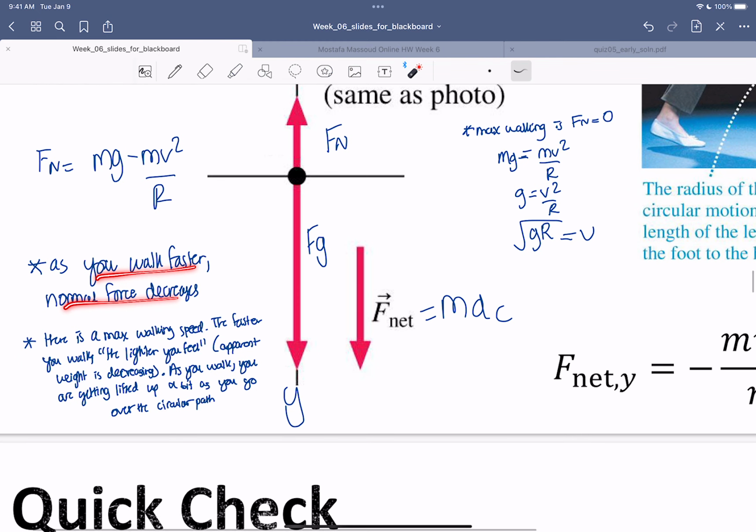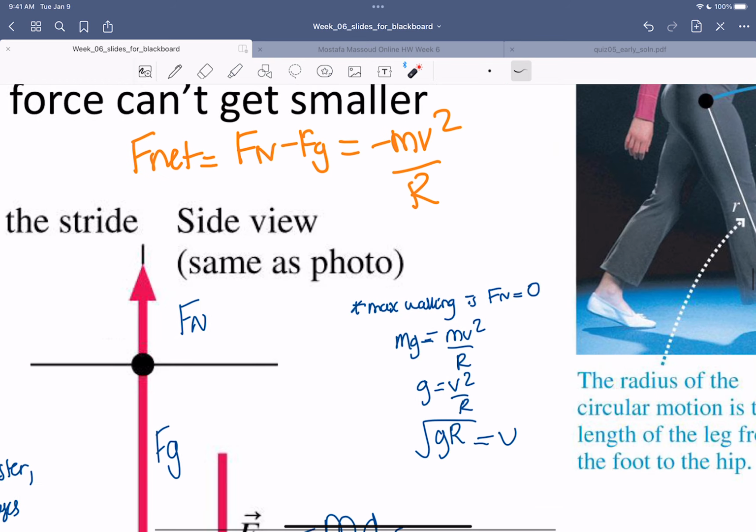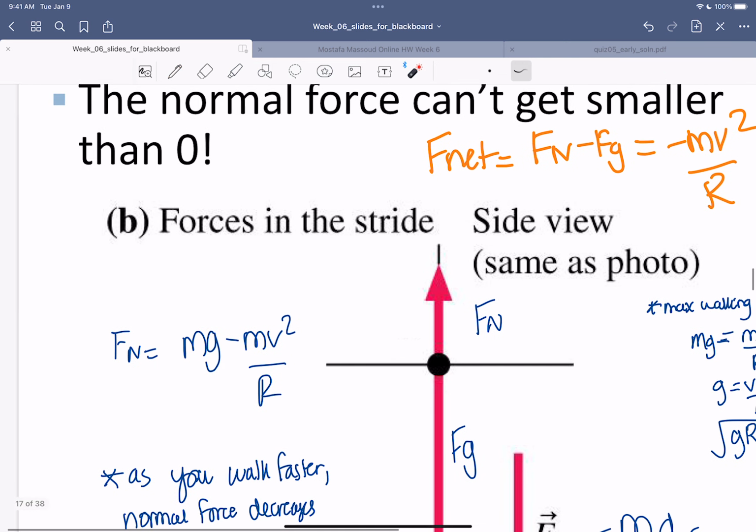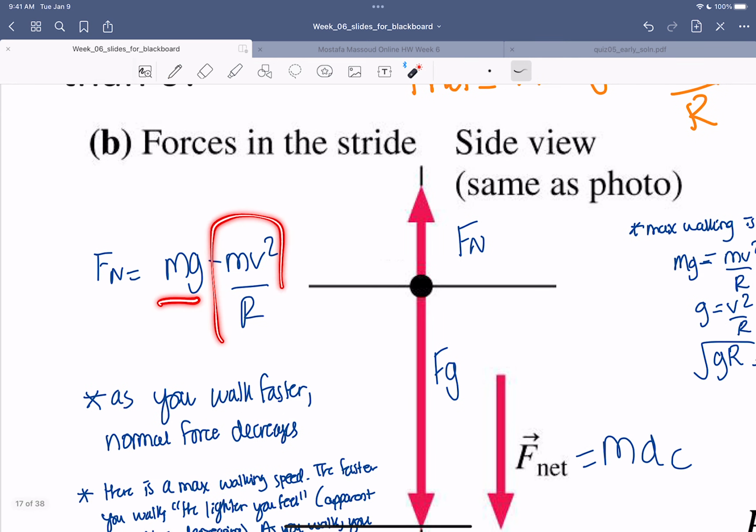As you walk faster, normal force decreases. Well, how does that occur? If we want to look at normal force and how it depends on your speed, Fn is equal to mg minus mv squared over r. So if we continuously increase speed, then let's say mg was 30 newtons, and mv squared over r was initially 10 newtons.